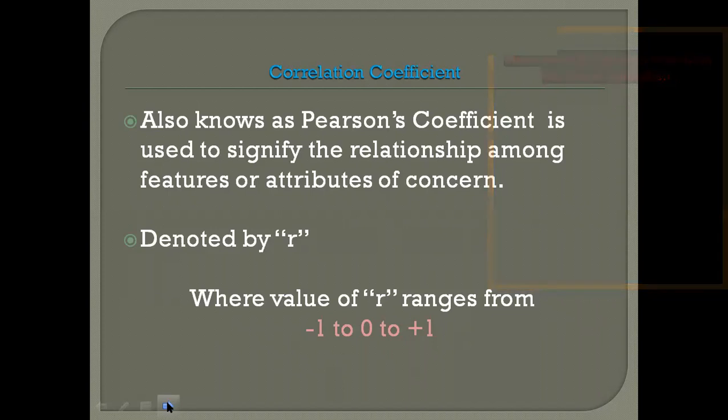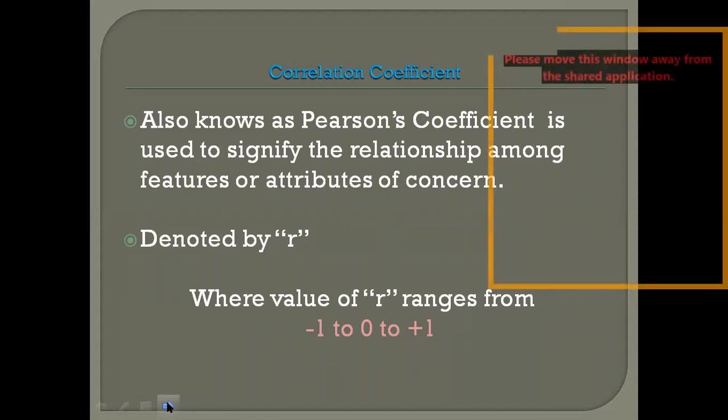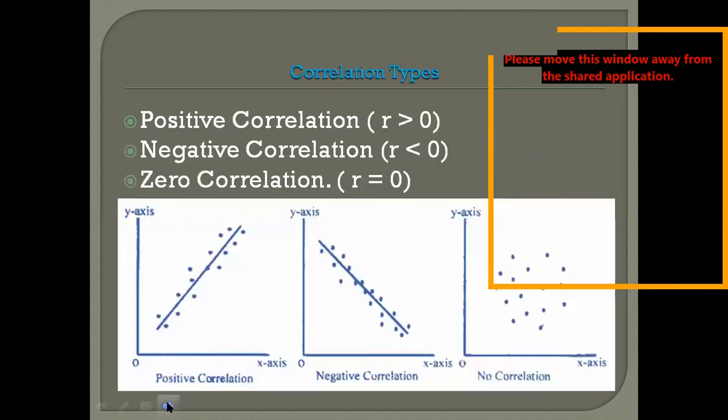Okay, we denote it by R, small r. And the value which the coefficient takes on is in the range of -1 to +1, right? So we can have a coefficient with a value between -1 and +1, including 0, right? So the value of this R, the correlation coefficient, is simply a variable, and this variable tells you something more about the correlation.